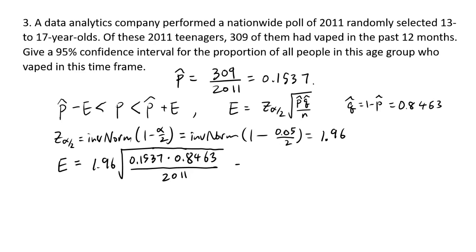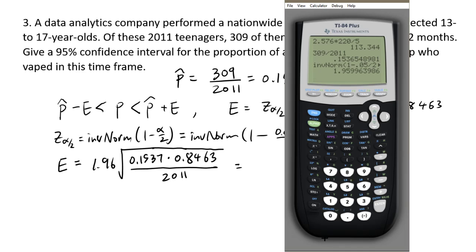Let's compute this with a calculator: 1.96 times the square root of 0.1537 times 0.8463, divided by 2011, and that gives you 0.01576.